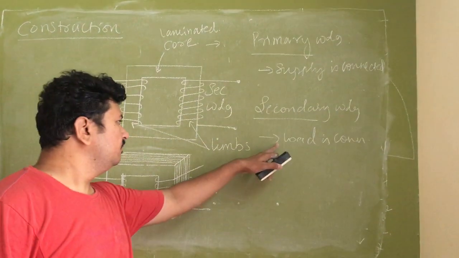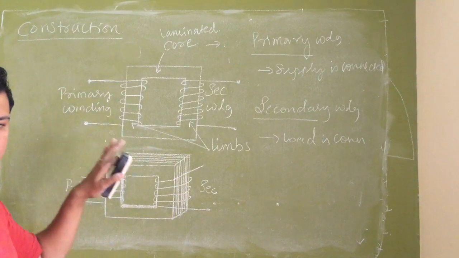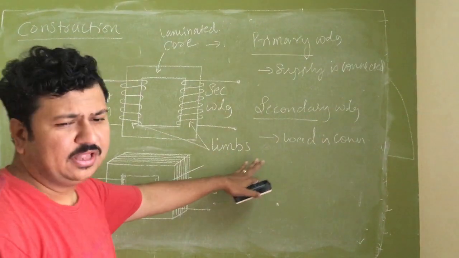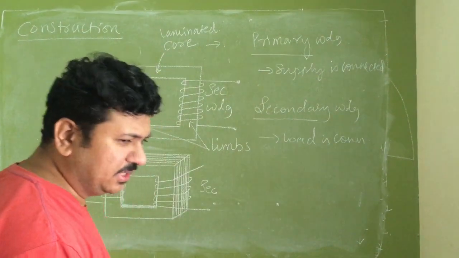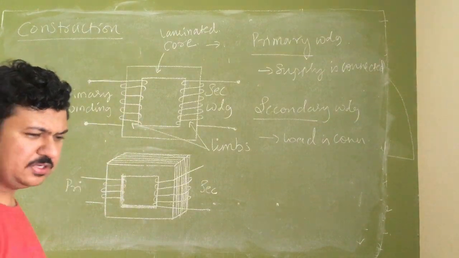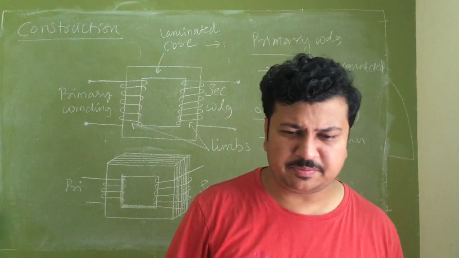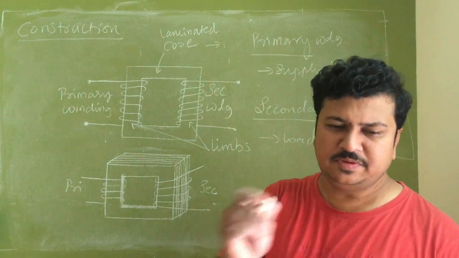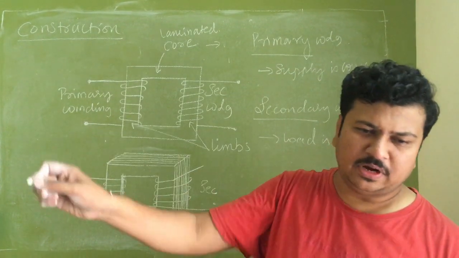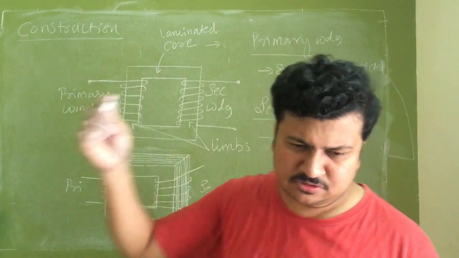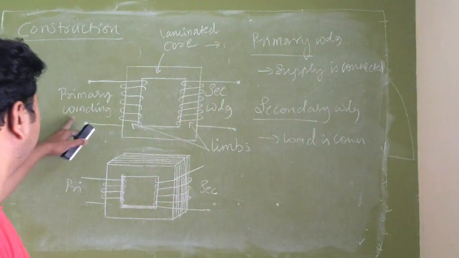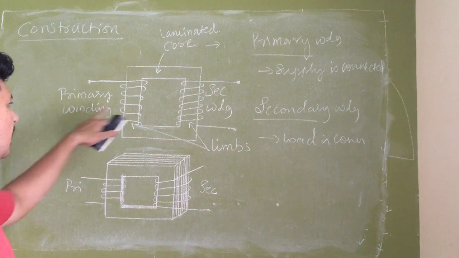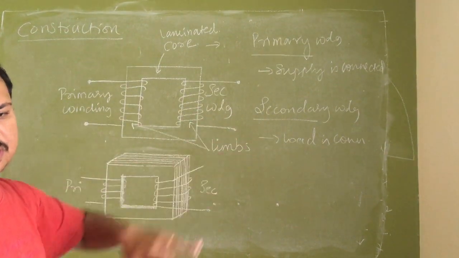So where I connect supply, that becomes primary. Where I connect load, that becomes secondary. When we represent an electrical circuit on paper, I always represent supply on the left and load on the right, because we write from left to right. For that reason, primary is shown on the left and secondary on the right.